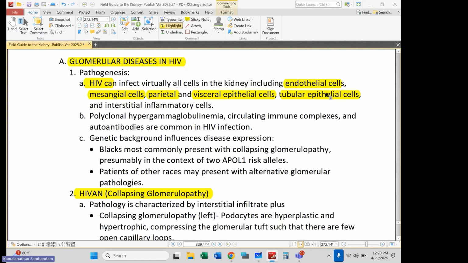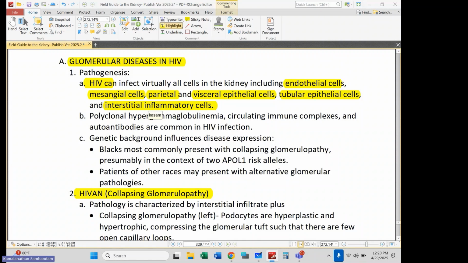You can certainly find it in tubular epithelial cells, and of course, the infiltrating macrophages and lymphocytes. Now, it makes sense that it's present in lymphocytes and macrophages. If you recall, HIV primarily infects the host through T cells, engaging various T cell surface receptors, but it also does have the capacity to integrate into these other cell types. We'll talk about that as we cover HIV in an upcoming formal lecture. But HIV can get into all of these subcomponents of the nephron.